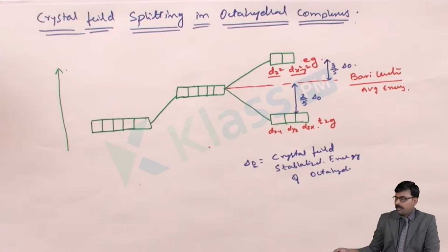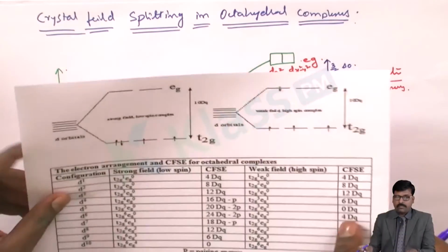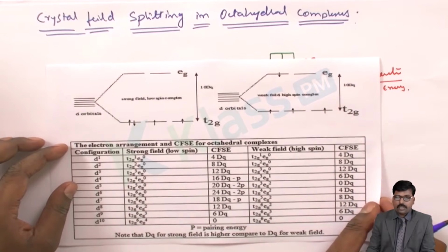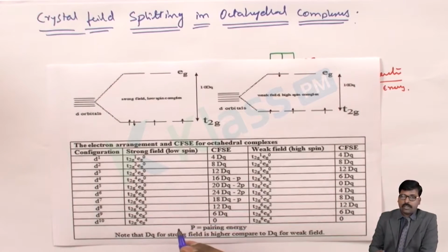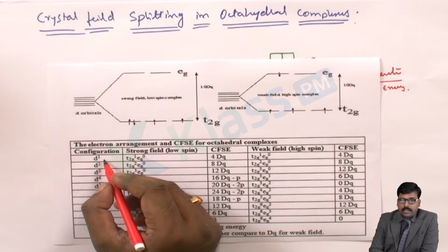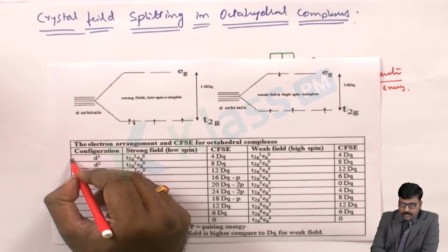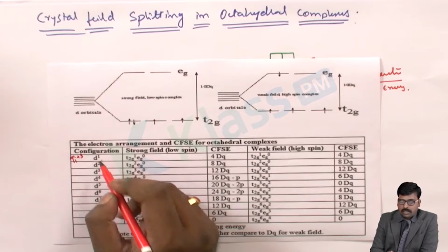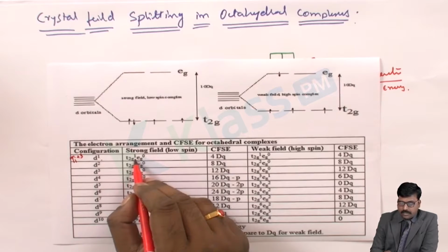Now we will see how the crystal field splitting is done for the various electronic configurations of d orbitals. When d1 is present, let's take the example of titanium plus 3. The d orbital will bear only one electron, and the splitting will be done in this way.